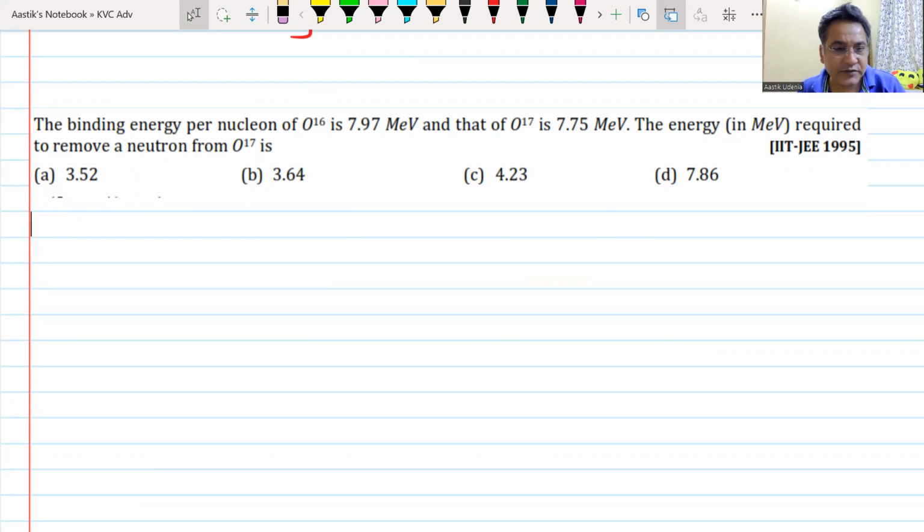The binding energy per nucleon of oxygen 16. This is how questions are framed. This is a question from IIT-JEE of 1995. Now the tougher IITs. As you can see, if you understand the concept, it becomes very simple. The binding energy per nucleon of oxygen 16 is 7.97 mega electron volt, and that of oxygen 17 is 7.75 mega electron volts.